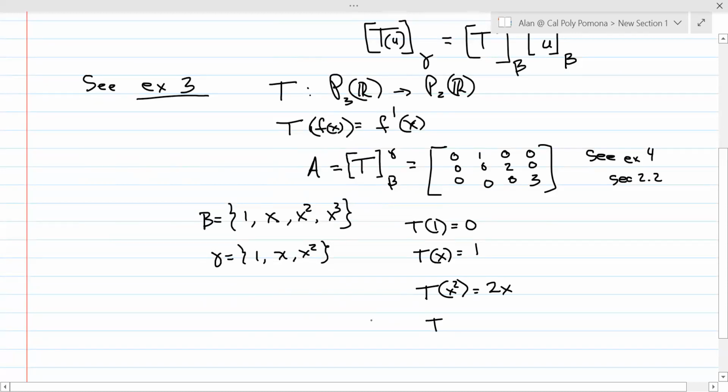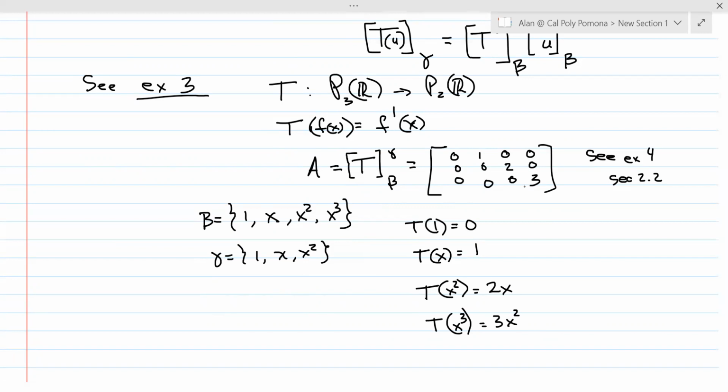And then finally, where does T of x cubed go? T of x cubed becomes 3x squared. And if you put that in terms of this basis, it would be 0 times 1, 0 times x, and 3 times x squared. And that gives you the last column here. So that's an example. I'm sure we did it, but I just redid that part of it.